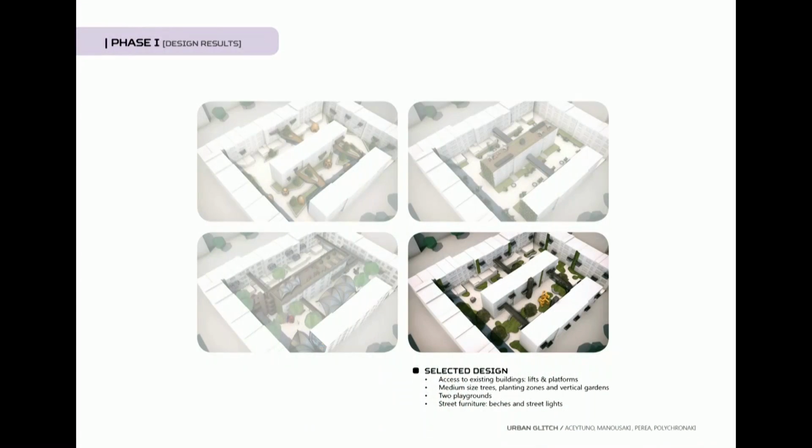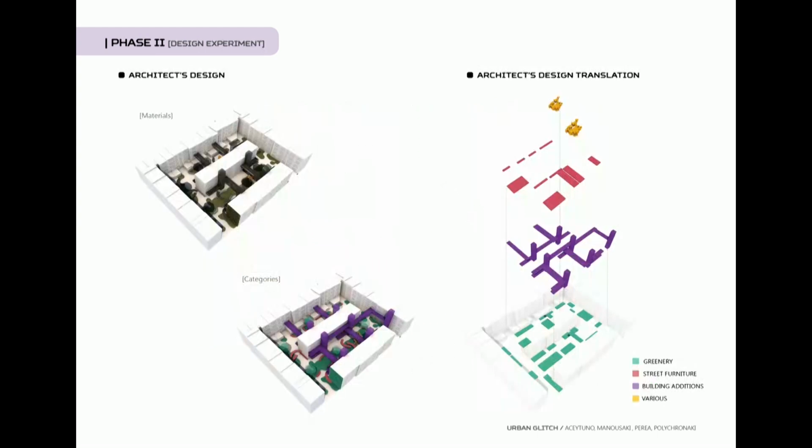The next stage included how we're going to refeed these proposals into the game so that we would create a loop between the designers and architects and not just a linear interaction. So the first goal of phase 2 was identifying the designers' elements and translating them according to the game's language.